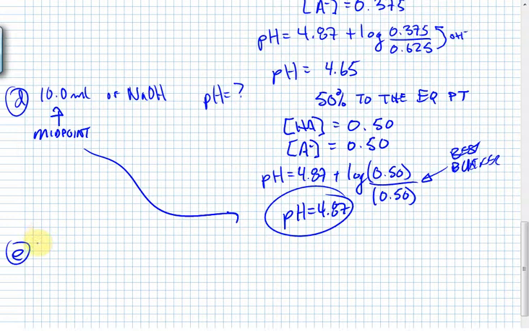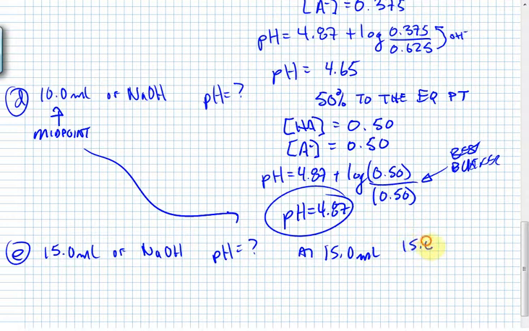Suppose we're at, let's go to 15 milliliters added. What's the pH now? I hope everybody can say at 15 milliliters, we are 15 out of 20, or we are 75% to the equivalence point.